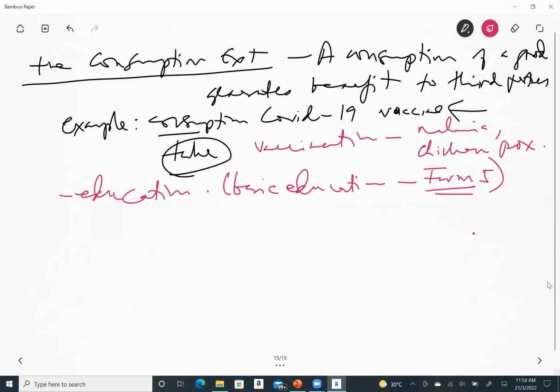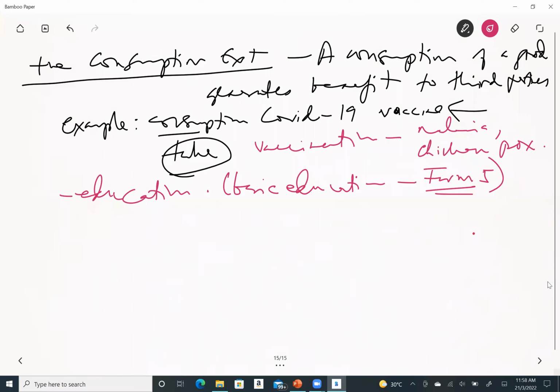So by having education, our consumption of education will generate external benefit to others. As you become educated, let's say you will be a teacher, or you become an economist.